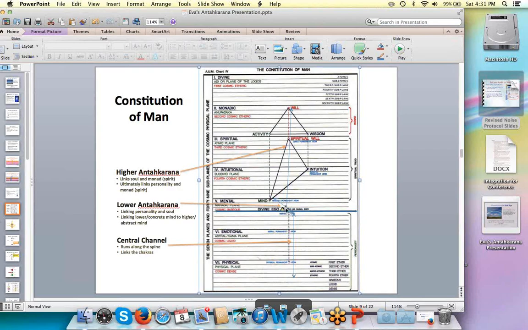This is called the lower Antahkarana. The higher Antahkarana is the bottom of the spiritual triad, eventually all the other parts of the spiritual triad right up to the monad. So that's later on. Right now our job is this. I have better drawings of this.